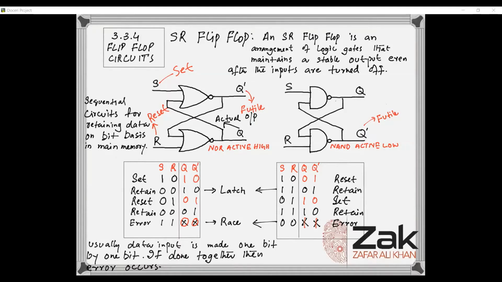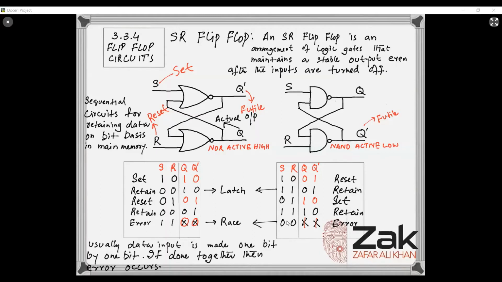Now, pay attention to NAND base. Although it is not part of the syllabus, it is not asked, I felt that you should know about it. In NAND base, things get reversed, and that becomes very confusing, but you have to pay attention. So retain is now with 1 and 1. 1 and 1 was an error in NOR based SR flip-flop.